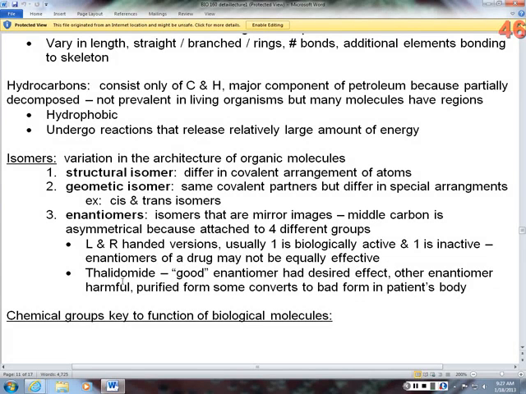A geometric isomer is going to have the same covalent partners, but they're in a different spatial arrangement. They'll be referred to as cis or trans. So let's say with this one, we're going to put a fluorine on there instead.